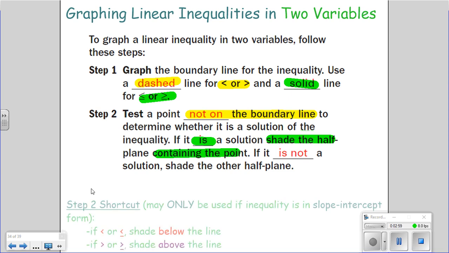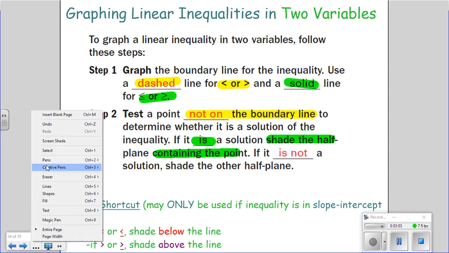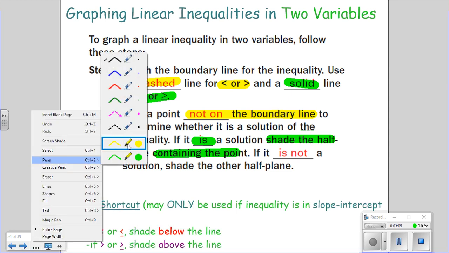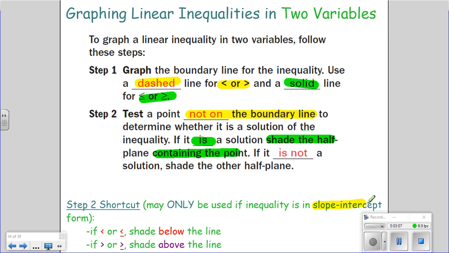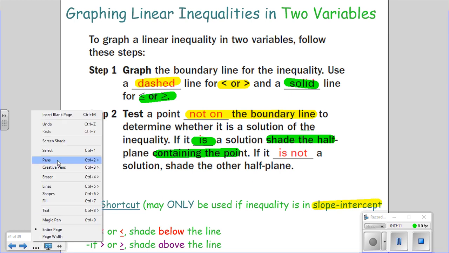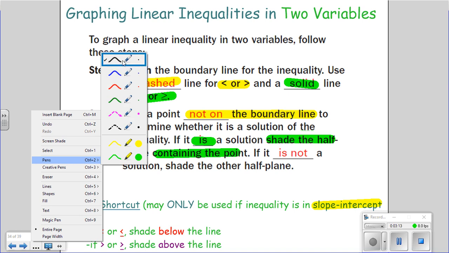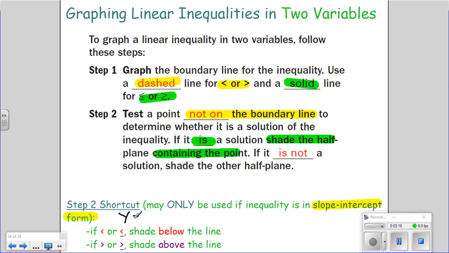And there is a shortcut, but the shortcut may only be used if it's written in slope-intercept form, not standard form. Slope-intercept form is y equals mx plus b. You should remember that from algebra.